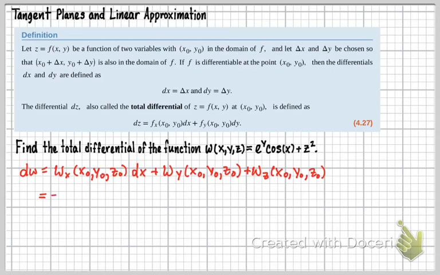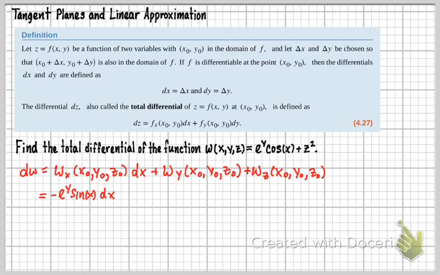So this is going to be negative e^y sine of x, and the negative because the derivative of cosine of x is negative sine of x. And then I would say dx.